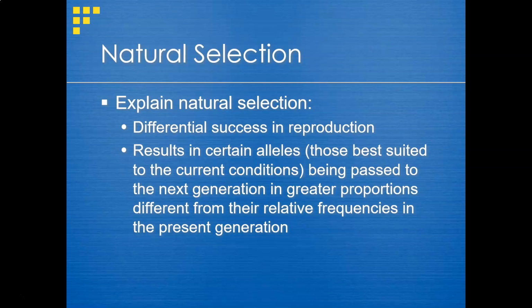Having those variations existing in our population in a particular characteristic should mean that certain individuals not only survive better than others, but are better able to reproduce compared to others. That differential success in reproduction is what's going to end up driving the changes in allele frequencies and, as a result, driving evolution.